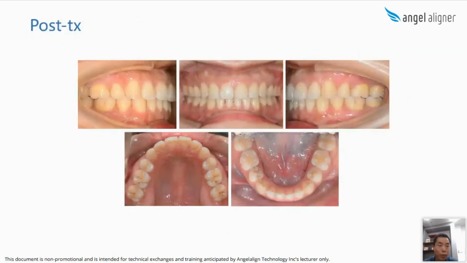This is the intraoral view after treatment. There was no premature contact in the anterior teeth, and the posterior teeth bite very tight.